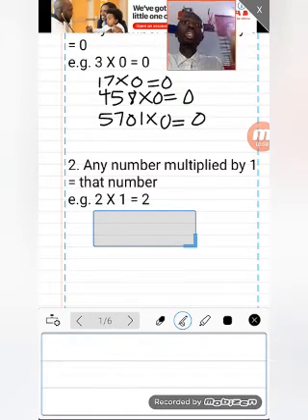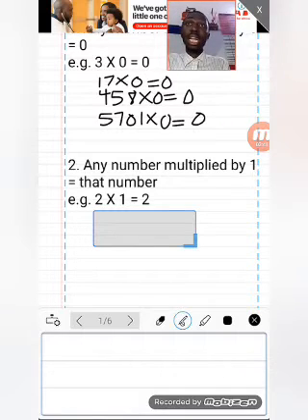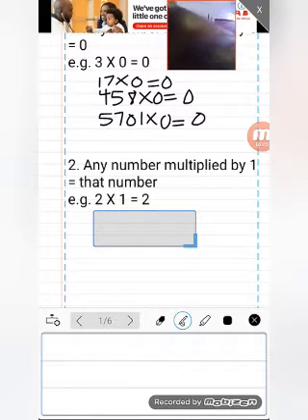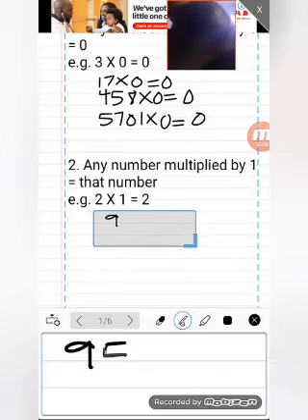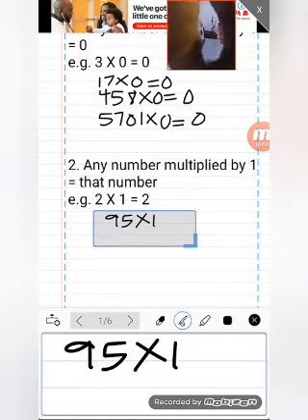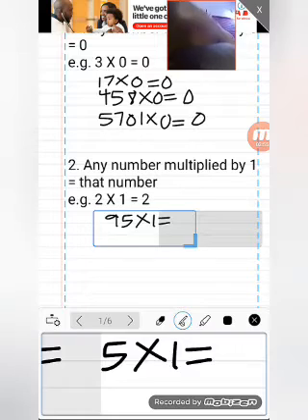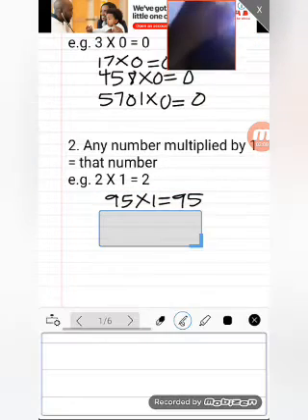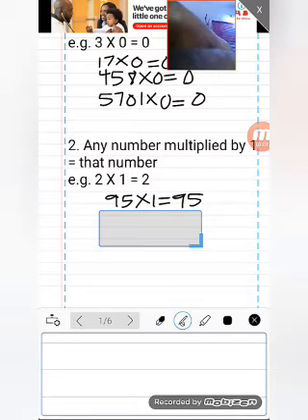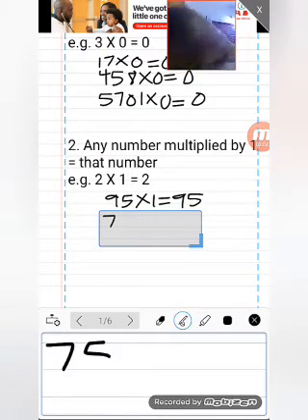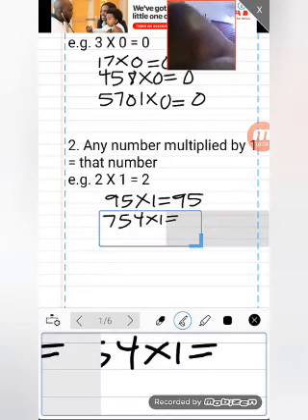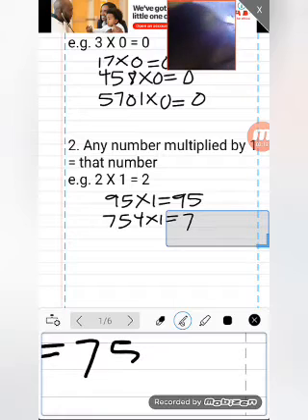For example, 2 times 1. 2 times 1 is going to give you 2. Even let's say you have a bigger number like 95 times 1. 95 times 1 will still give you 95. Let's even say you have a bigger number like 754 times 1. It will still give you 754.